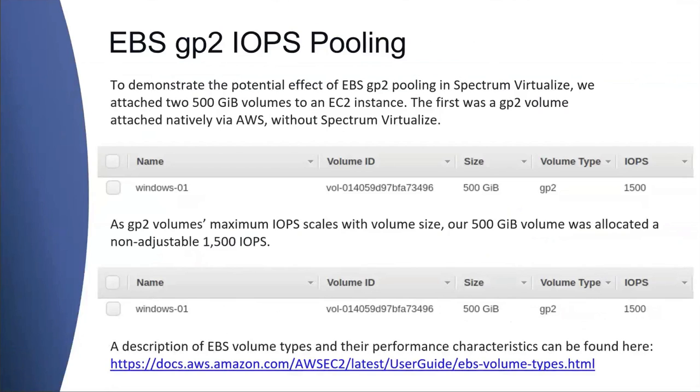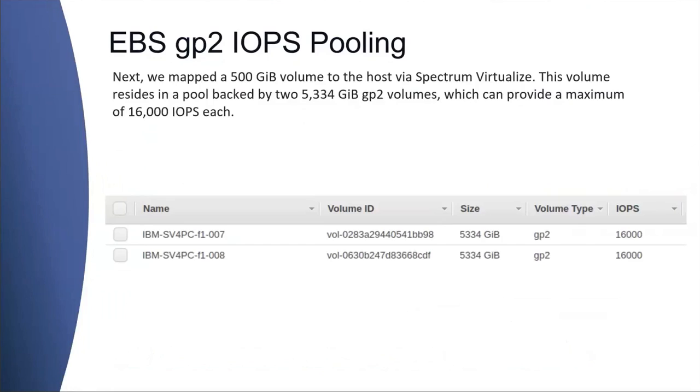We have our 500 gig, 1500 IOPS provisioned volume, and then we have another one at 1500 IOPS. Here's a little link: if you download the presentation, you can look at the EBS volume types. Then we grabbed 2 additional GP2 volumes and provisioned them at 16,000 IOPS apiece.